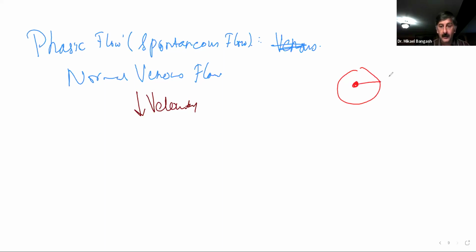So here there is going to be a greater velocity, mainly because the same amount of blood is going to try to flow through the same area, or cover the same distance in a time. But due to the narrow lumen, the velocity is going to be greater. Whereas in veins, due to the big lumen, it's going to be flowing slow.